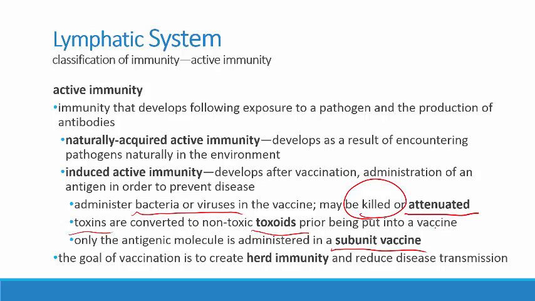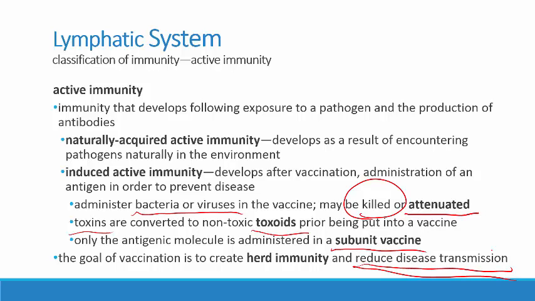And so if almost everybody has been vaccinated and has active immunity, then chances of disease being spread from person to person to person are going to be very, very low. So we see, hopefully, a reduction in disease transmission.